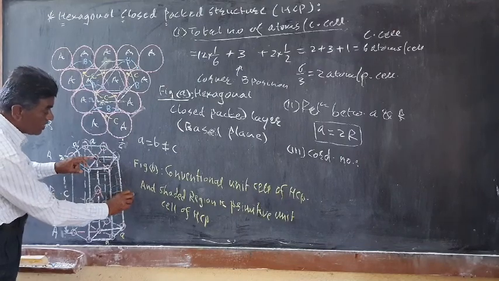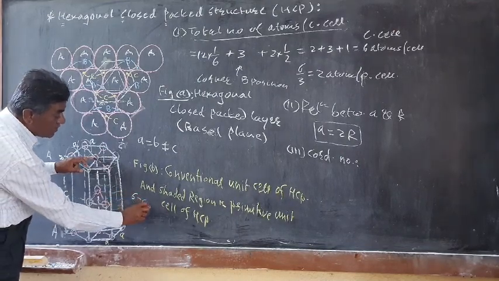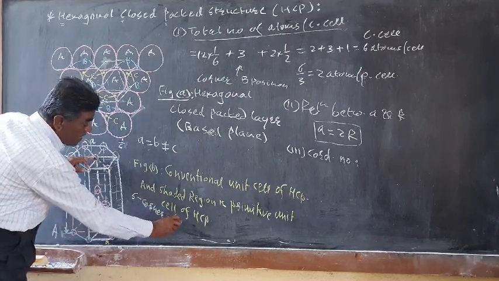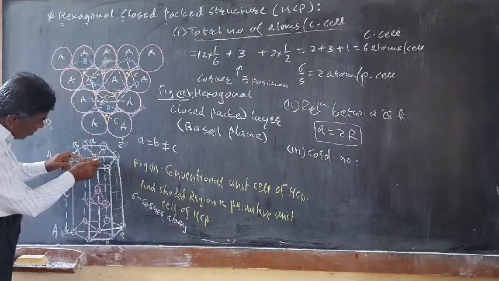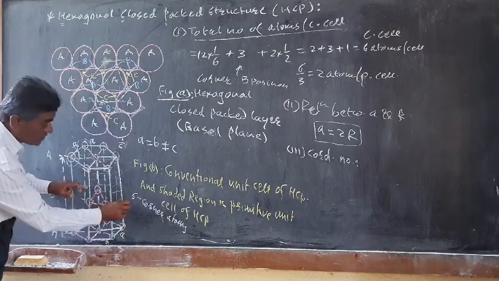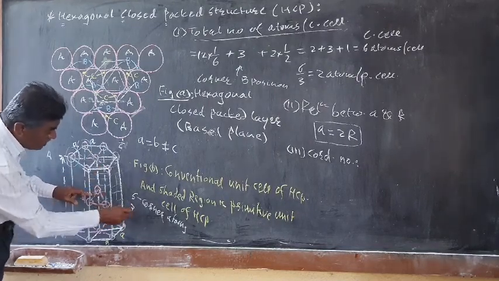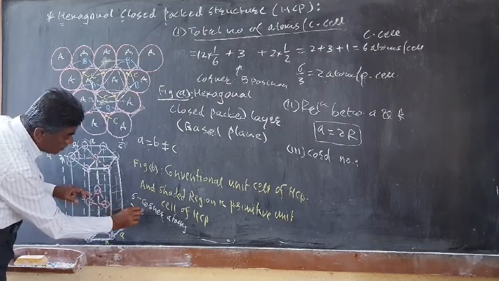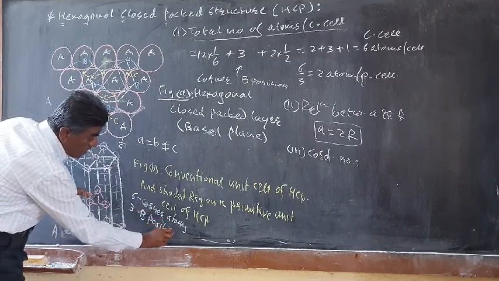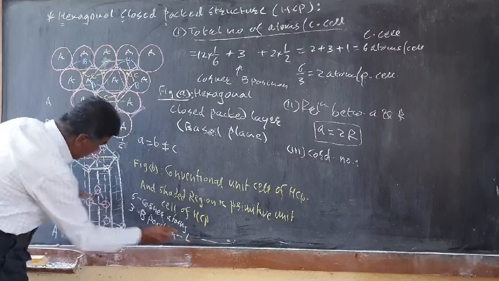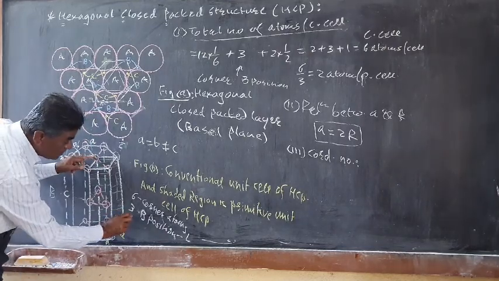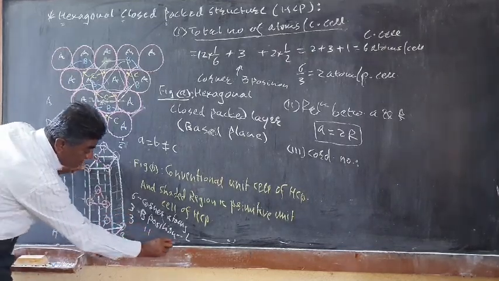These are 6 corner atoms, the nearest neighbors. In addition to these 6 corner atoms, this top or the bottom atom is in contact with 3 B position atoms in the lower layer, and 3 B position atoms in the upper level.